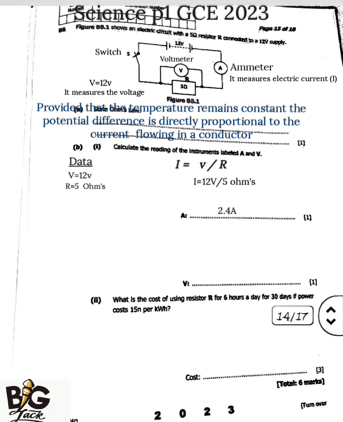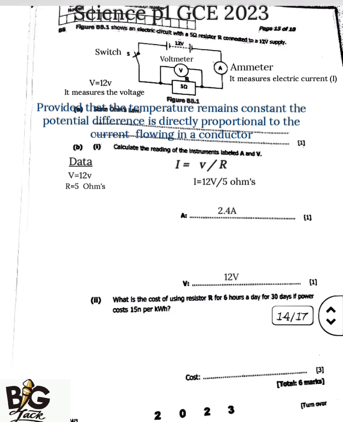We know that current is measured in amps or amperes, so I'm going to say 2.4 amps with capital letter A. Let's move on to V. Instrument V we have labeled as the voltmeter, which is used to measure the voltage. The battery cells are producing 12 volts, which means 12 volts will be shown on this instrument. So here our answer is 12 volts.